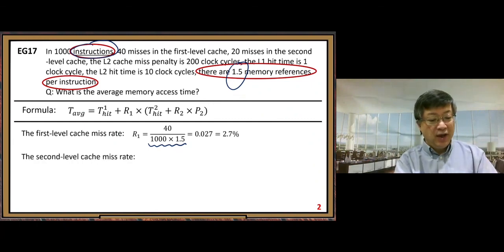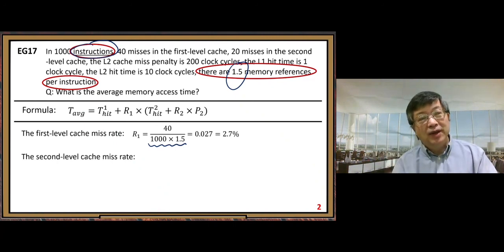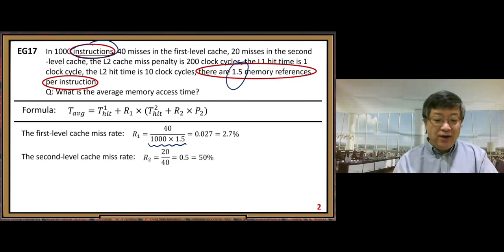So then you get 2.7%. For the second level cache miss rate, this time you do not need to do similar things. You still use 20 over 40. Why is that?